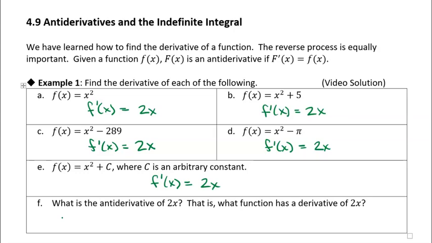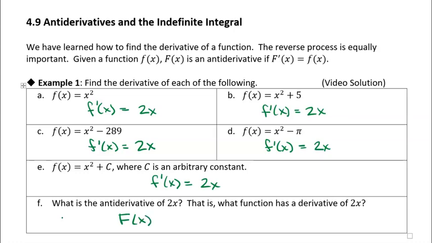So now, what is the antiderivative of 2x? What we mean by that is, what function has a derivative of 2x? I'm going to call this capital F of x because it's the antiderivative.